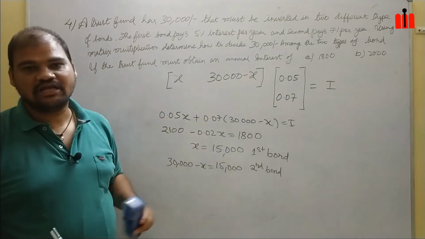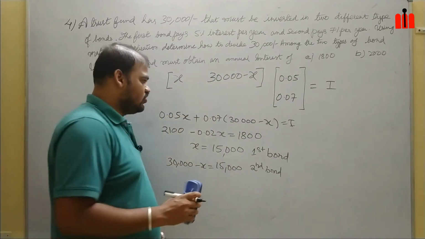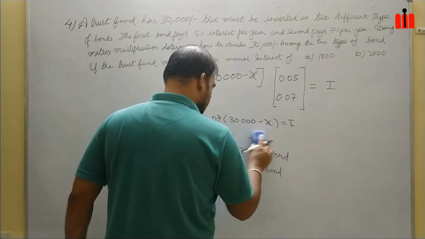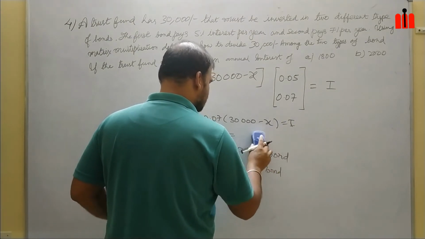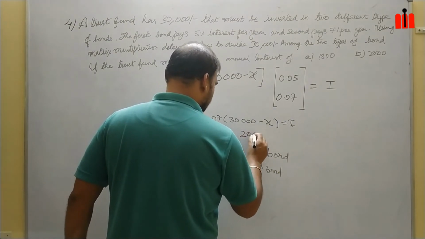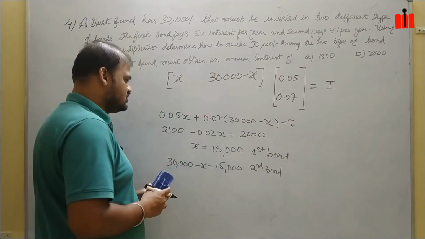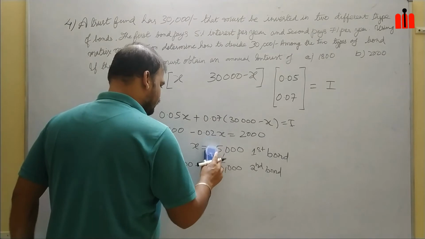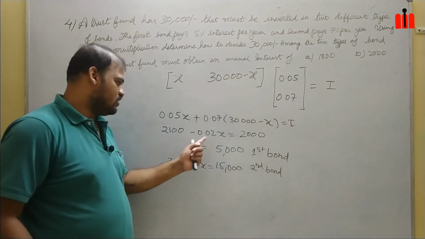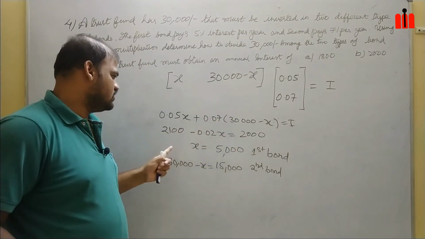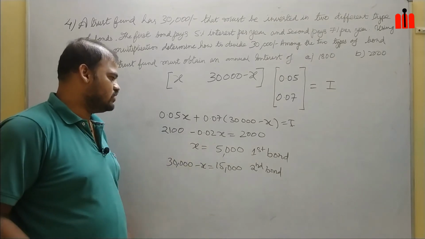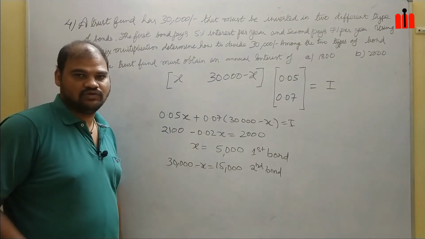In the second part they are asking for 2,000 rupees interest. For 2,000 rupees interest, you have to substitute this I with 2,000. Then what will be my x? You just do substitution, it will go this side. So 100 equals 0.02x, so x equals 5,000.